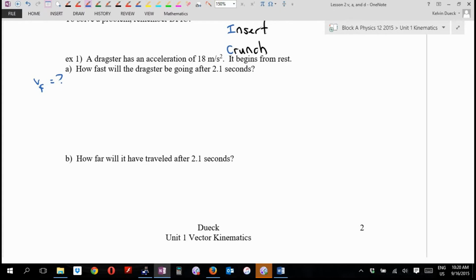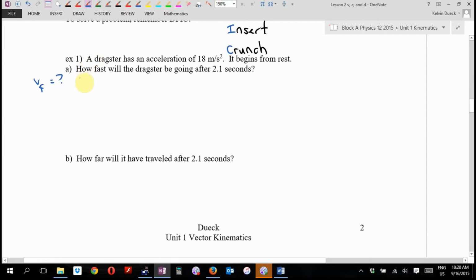Then I start to go through and I relist the data. I see that 18. What is that 18? Acceleration. How do you know it's an acceleration? Squared. So as much as I hate memorizing, it is so worth memorizing what units go with what measurements. That totally cuts down on your thinking.